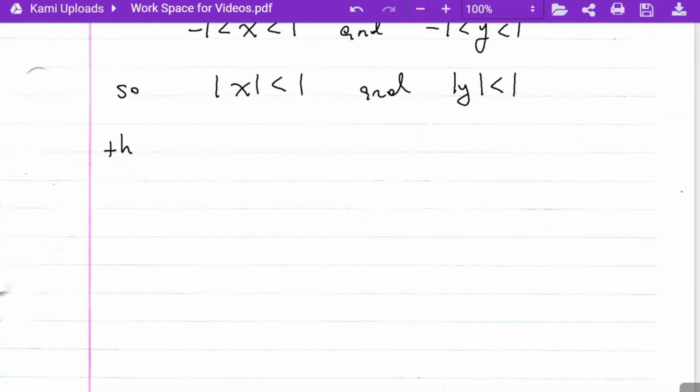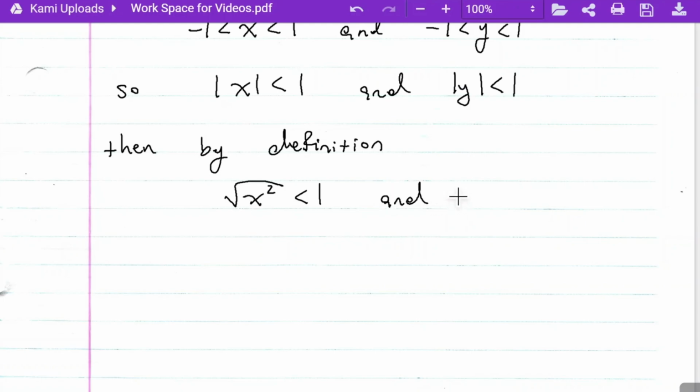Then, by definition of the absolute value, we know that the square root of x squared is less than 1, and the square root of y squared is less than 1.